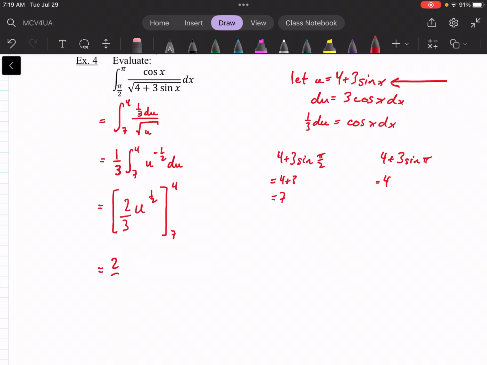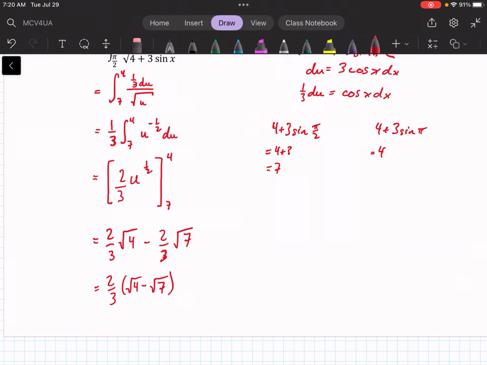So this is going to be 2/3 times the square root of 4 minus 2/3 times the square root of 7. Or if you wish, in factored form, 2/3 of square root 4 minus square root 7. Or, because square root 4 can actually be worked out, 2/3 of 2 minus square root 7.